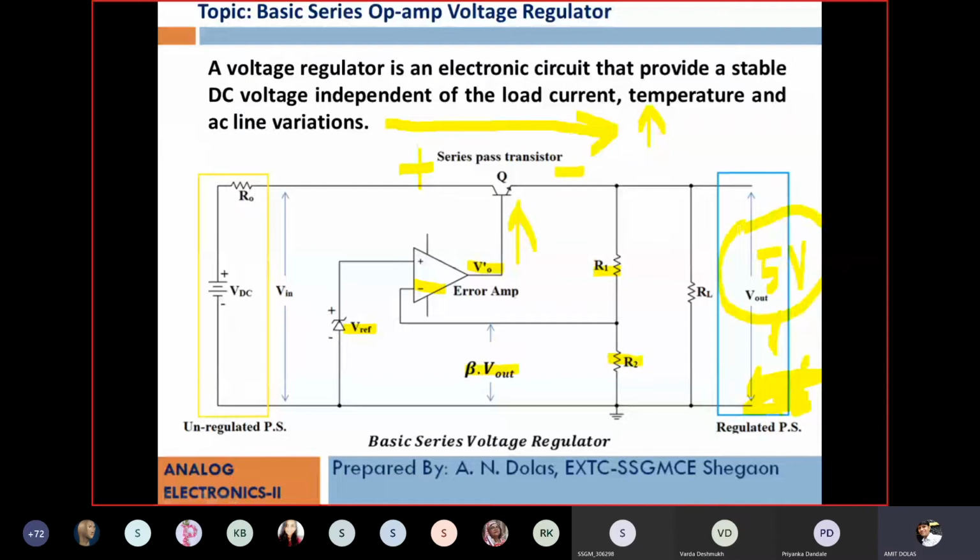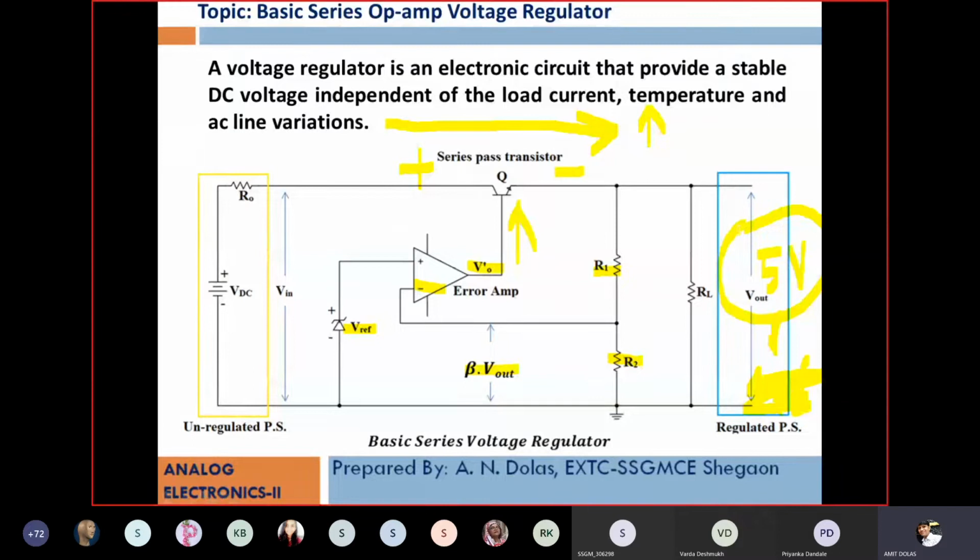So concluding this, with the help of the feedback network, reference generator and the error amplifier, your series pass transistor absorbs the fluctuation in line regulation or load variation and keeps the output voltage constant.